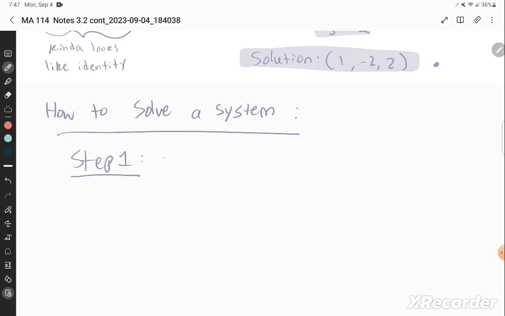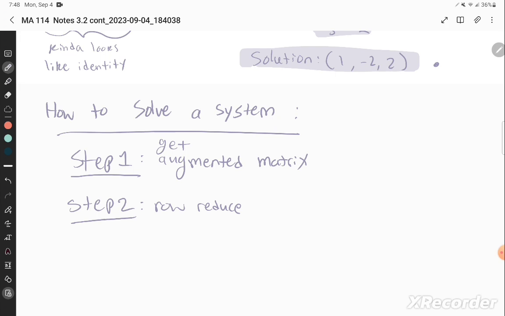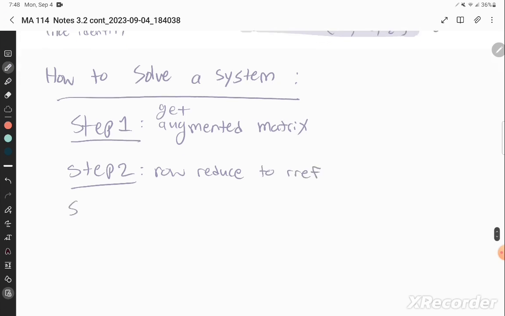You're going to get the augmented matrix, and then step 2, you're going to row reduce to row reduced echelon form, and then step 3 is interpret the row reduced echelon form of the augmented matrix.